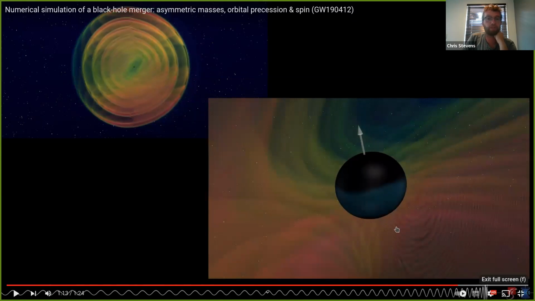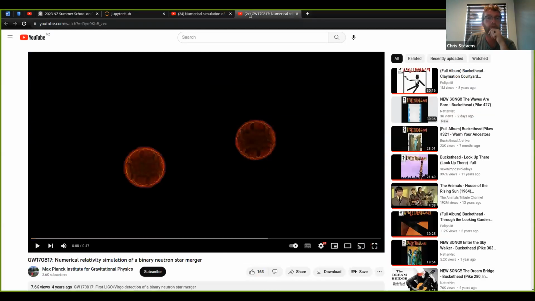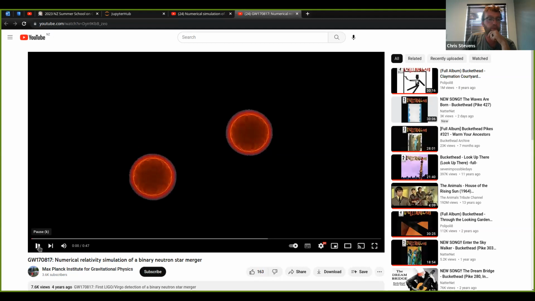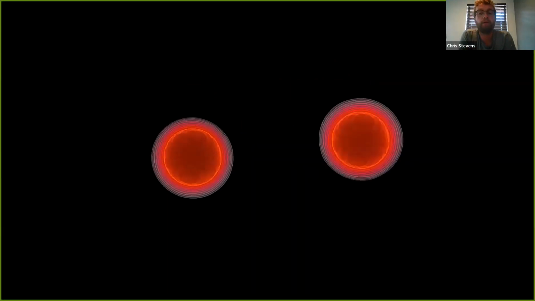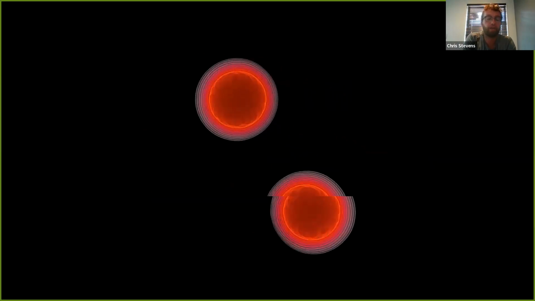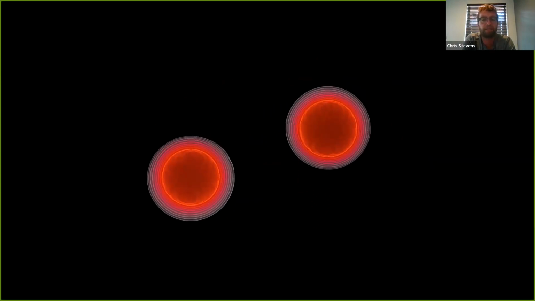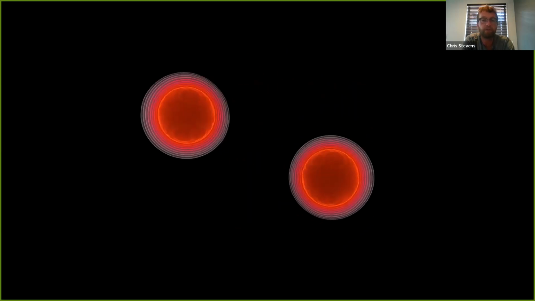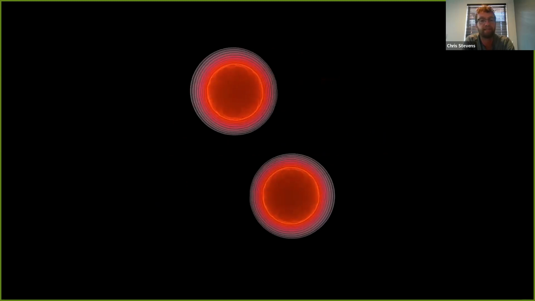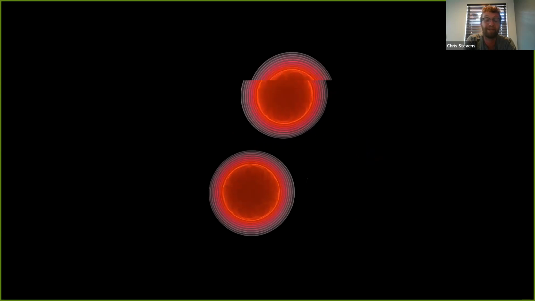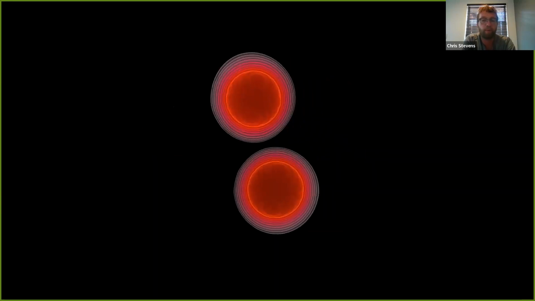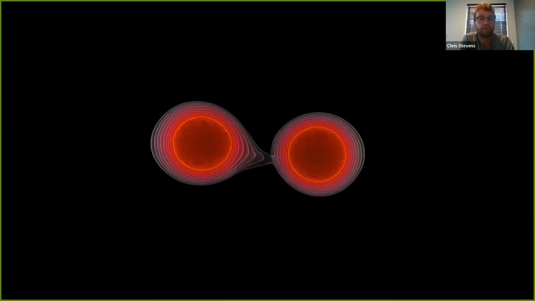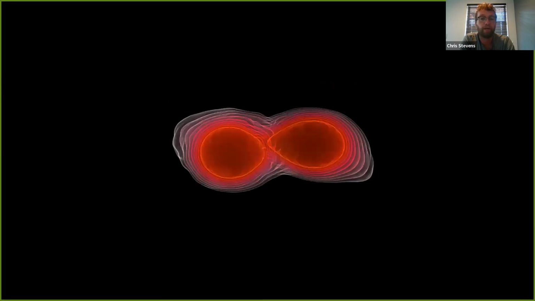Now, this is, of course, in vacuum, but there is also work that's been done, lots and lots of work, on neutron star mergers, where you have matter content floating around, and this makes things way more complicated than the already complicated binary black hole merger, by including the matter fields into the Einstein equations.